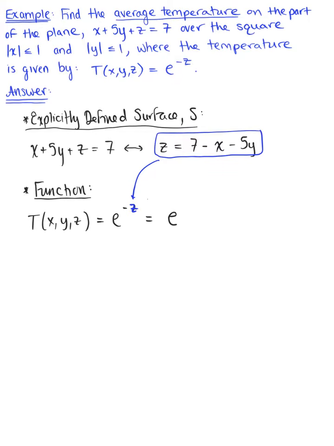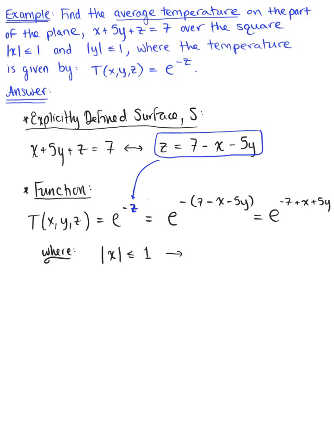So this is the natural exponential raised to the minus z, or excuse me, minus 7 minus x minus 5y. And if we distribute that negative through, this is equivalent to the natural exponential raised to the negative 7 plus x plus 5y. And this is where we have the bounds of a rectangle, so the absolute value of x being less than or equal to 1.